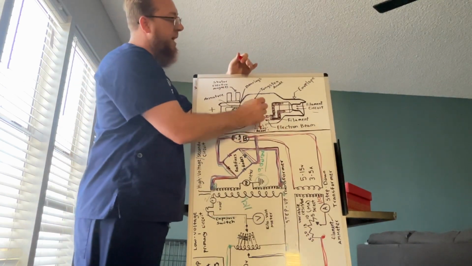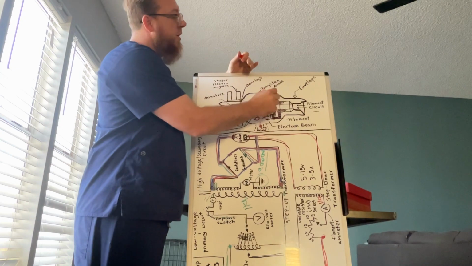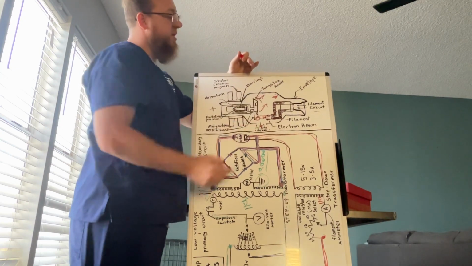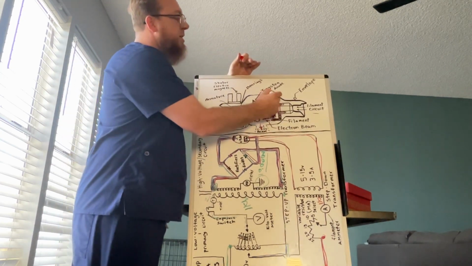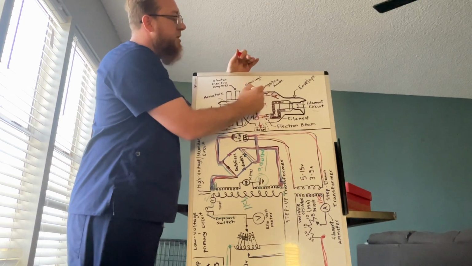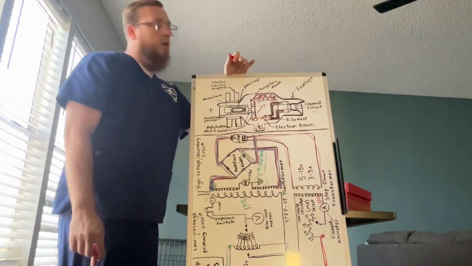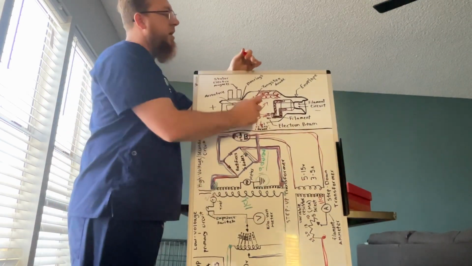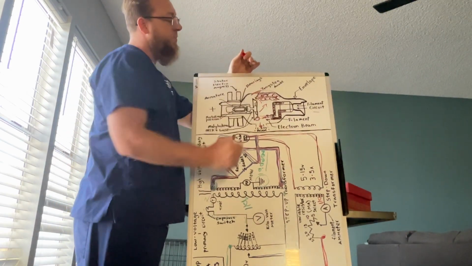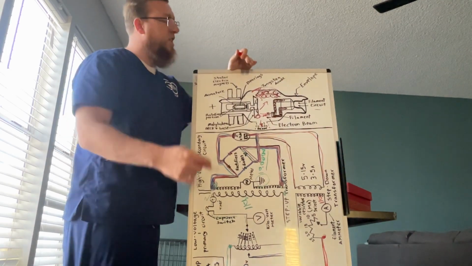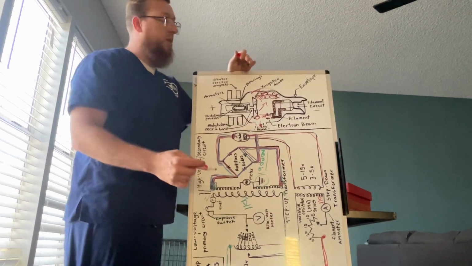Some of them will bounce up this way and around this way, and that's going to start accumulating these negative electrons on our envelope. And what that does over time is it's going to cause the tube to start arcing because there's so much accumulation, and that's not good for the X-ray tube.